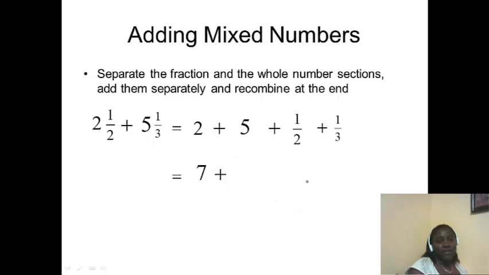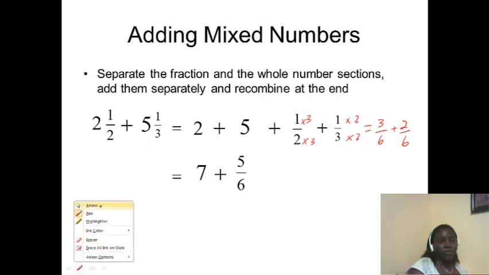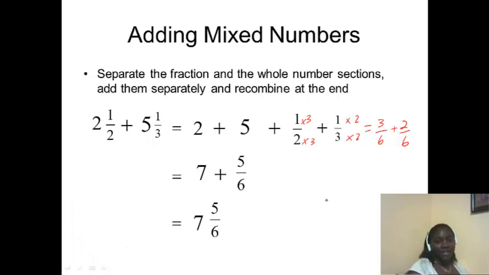And we get 7 plus 5/6. How did we get 5/6? Times 3, times 3, times 2, times 2, which turns into 3 over 6 plus 2 over 6. And then we add them and we get 5/6. And we put them together. All together we get 7 and 5/6.